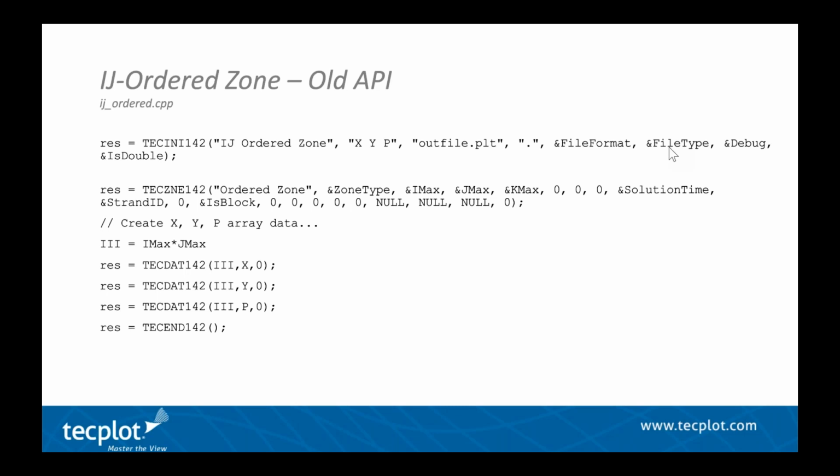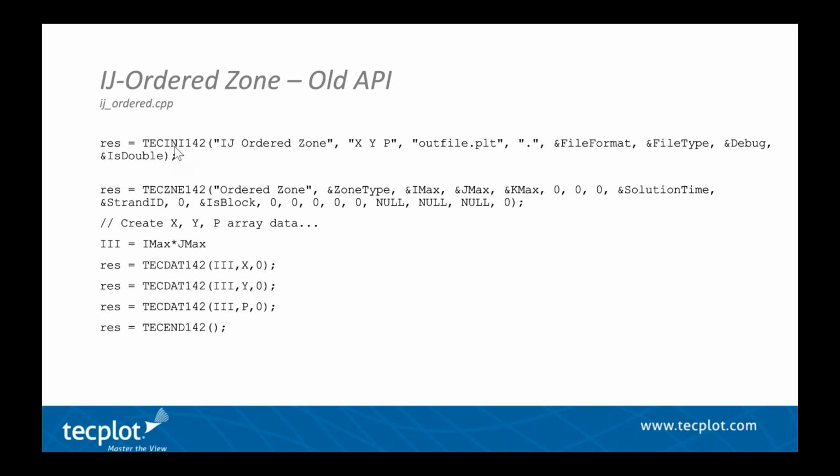So if you're writing out just the grid, you would pass a different value here. If you're writing out just the solution, you would pass another. So 3 options for that. The debug flag, so you get extra output on the command line if you turn on debug, and then again, we only support single precision or double precision, so you pass a parameter here.